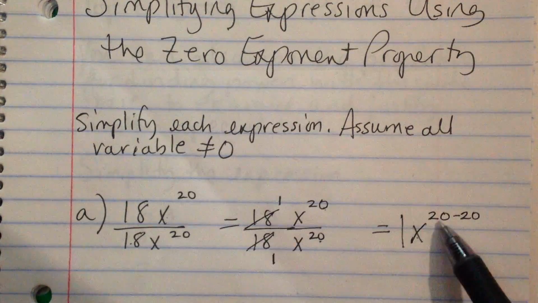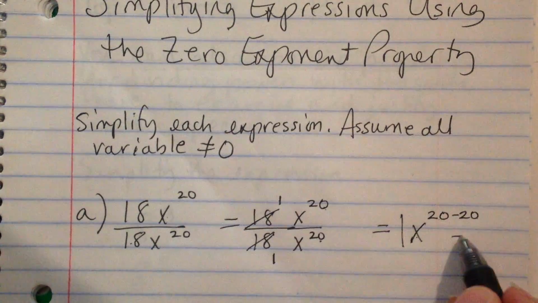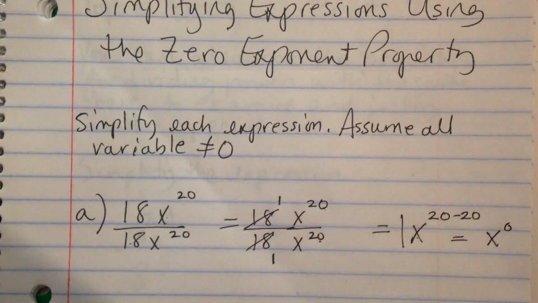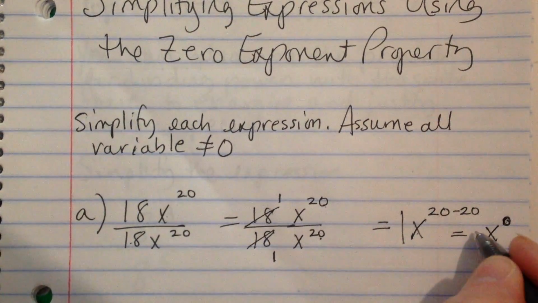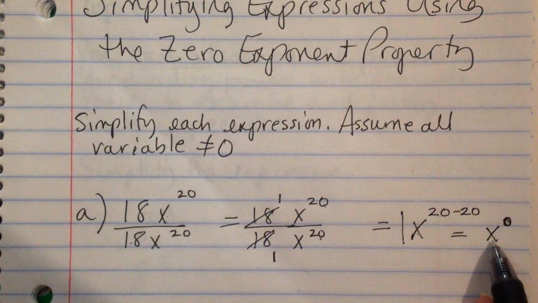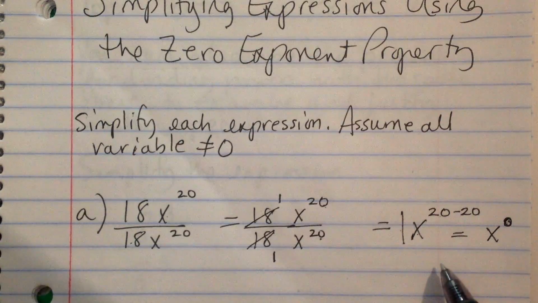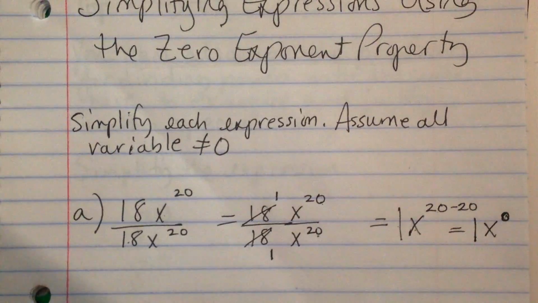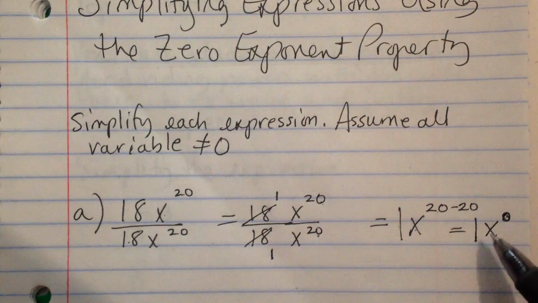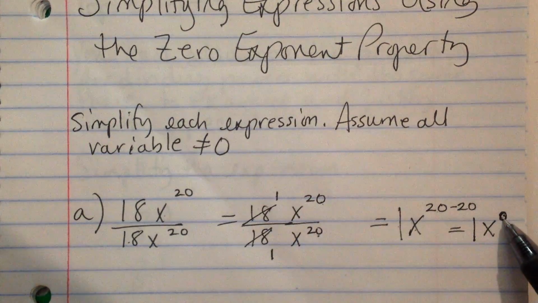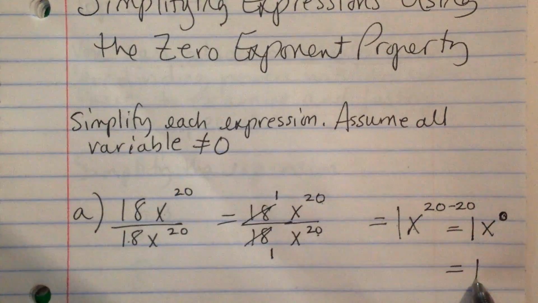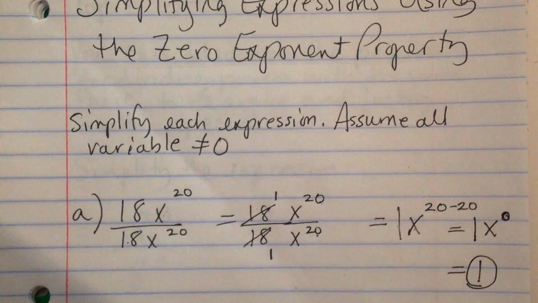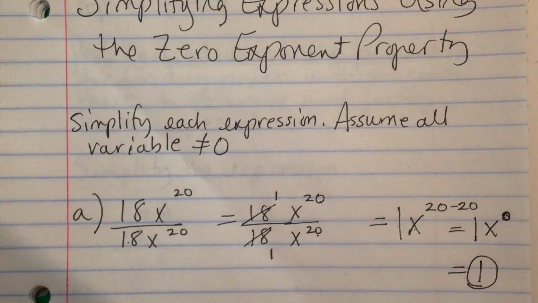That gives you x to the 0. There's no reason to put the 1 in front of x. Every variable has a coefficient of 1 if you do not see a number. But x raised to the 0 power gives you 1. So your final answer to that problem is 1.